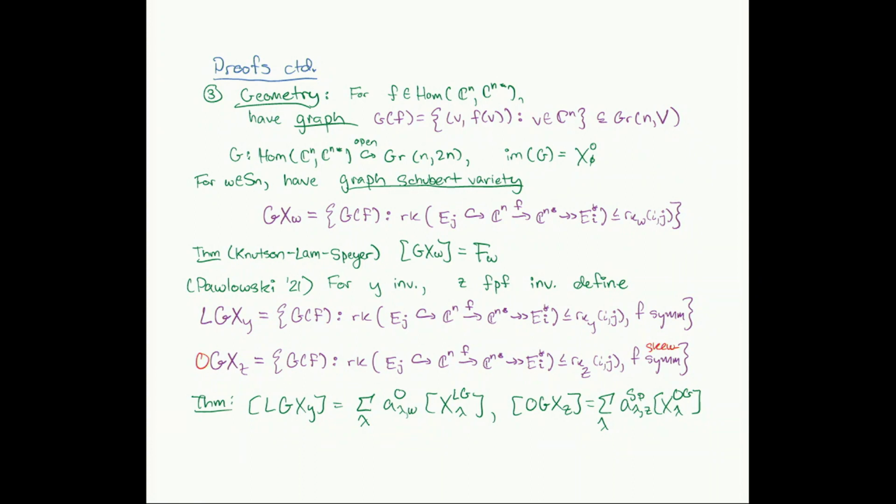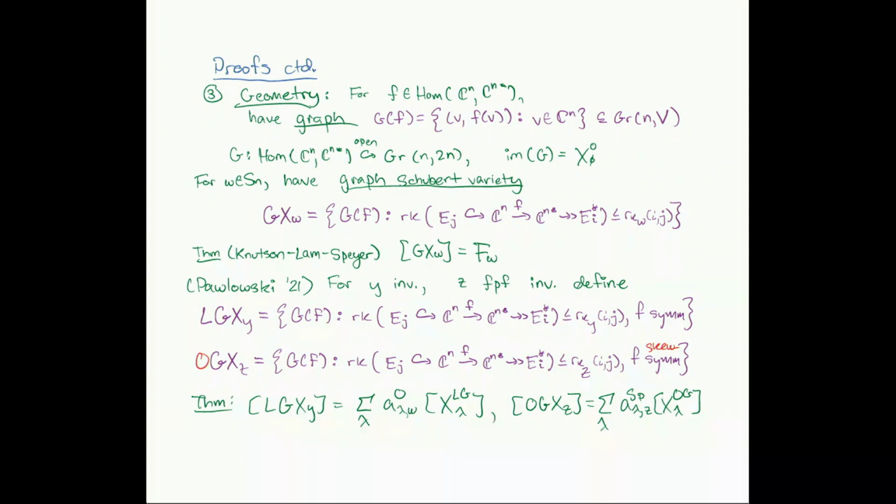And you're essentially hitting the large dense orbit, right? You're always inserting something that's invertible. You can sort of think of it as you have all of Cn and then some other stuff in the dual setting. Okay, and so then you can define a graph Schubert variety via rank conditions.